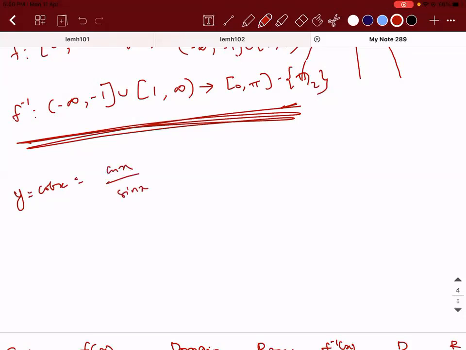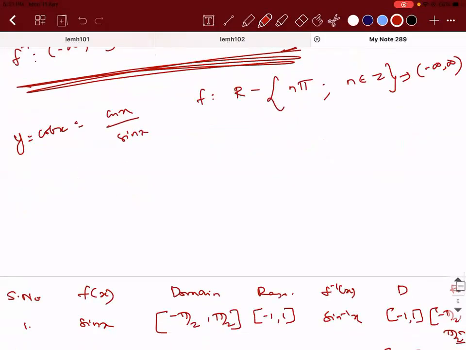So you need to eliminate those values from the domain. So f is a function from R minus n pi, where n belongs to Z. So what will be the range? The range is still minus infinity to infinity. It is going to be the real number system.